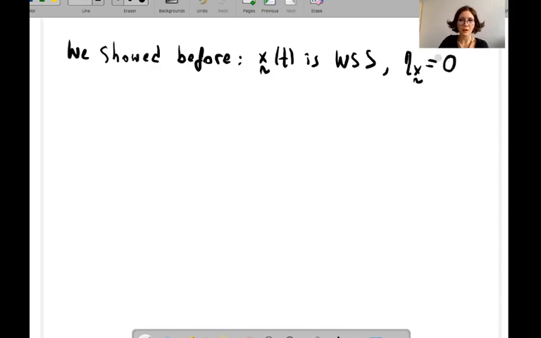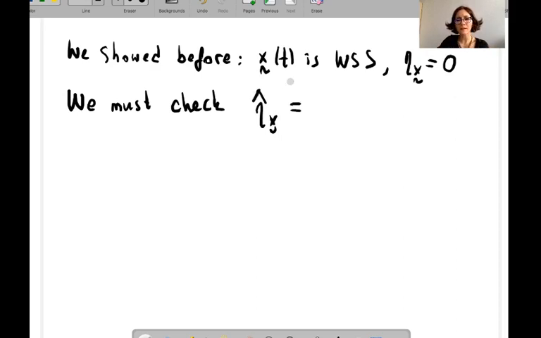The mean function is constant because it's wide sense stationary, and it's equal to 0. So what we should now check, to verify ergodicity, is whether the time average estimate of the mean, eta x hat, that we obtain by taking the time average of the random process, is equal to the actual mean of the random process, eta x. This is what we should check.